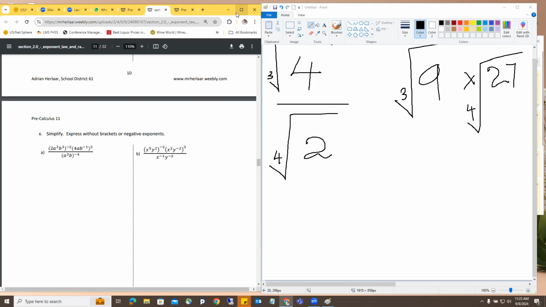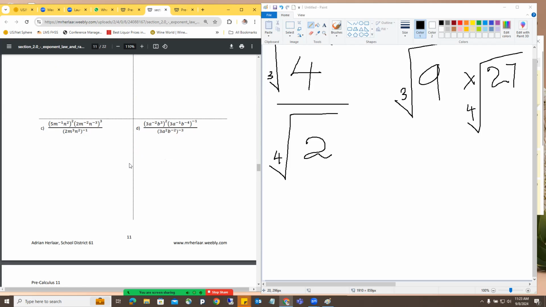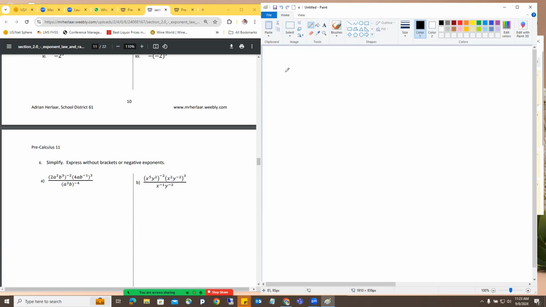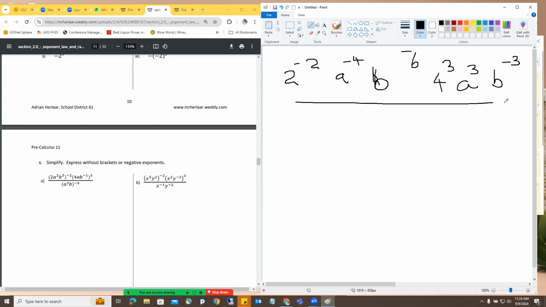Done? What's the answer? We have 2 to the power of -2, a to the power of -4, b to the power of -6, 4 to the power of 3, a to the power of 3, b to the power of -3, divided by a to the power of -12, b to the power of -4.